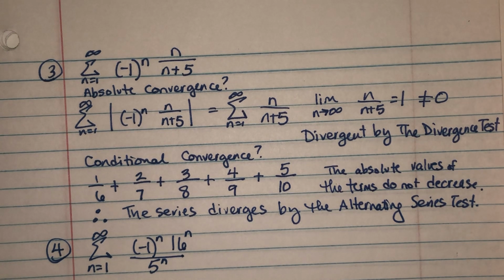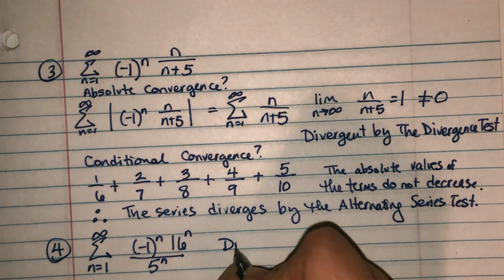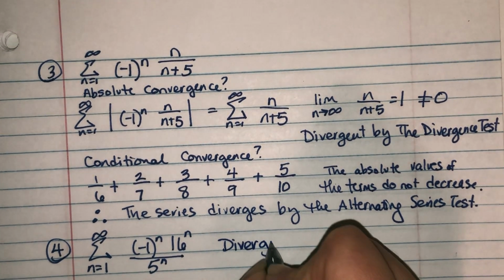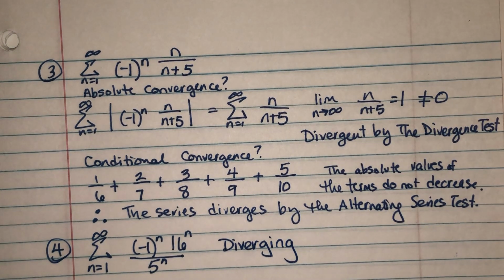Okay, I'm going to assume that you paused your video and you gave this problem a try. Did you get that the series is diverging? Hopefully you did. If you put it in absolute value bars, you get 16 to the n over 5 to the n as your series rule.